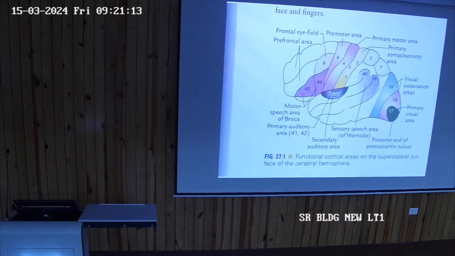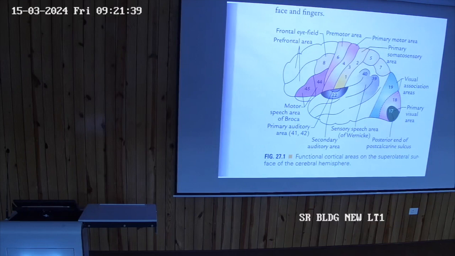Look here. This is area number 4. Area number 4 is responsible for control of the skeletal muscle contraction. The area number 6, premotor area, gives the information to the area number 4 how much contraction you require and which part of the limb.